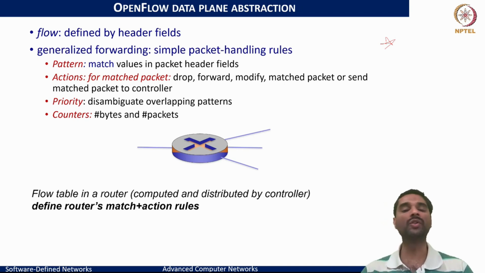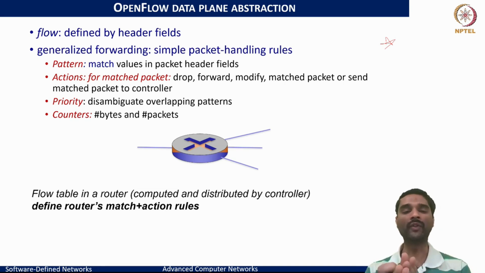You could change the patterns of the bits that you want to match on the headers and then take corresponding actions. And you are also not confined to just saying drop or route. You could even modify the packet headers itself. And that's the power of having this generalized match and generalized action pieces.